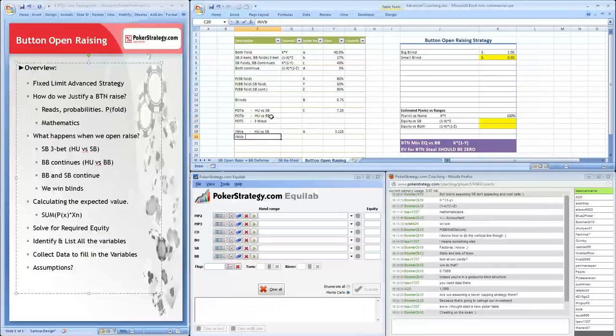And we also want to carry on and keep doing the same thing with our investments, right? Because we want to have our investment for each scenario. And basically, for any strategy that you guys have seen me show you for pre-flop, small blind re-stealing, small blind open raising, this is the exact kind of thing that I do.